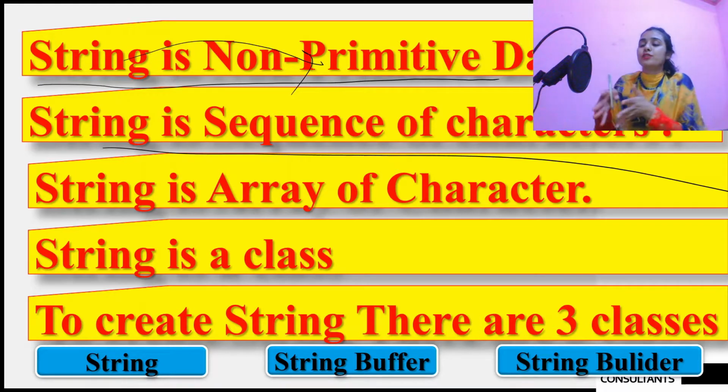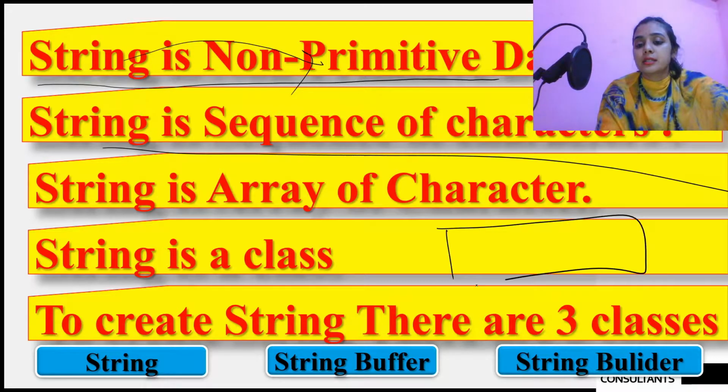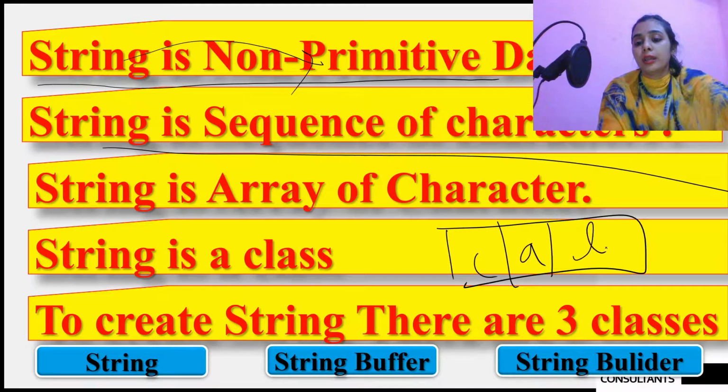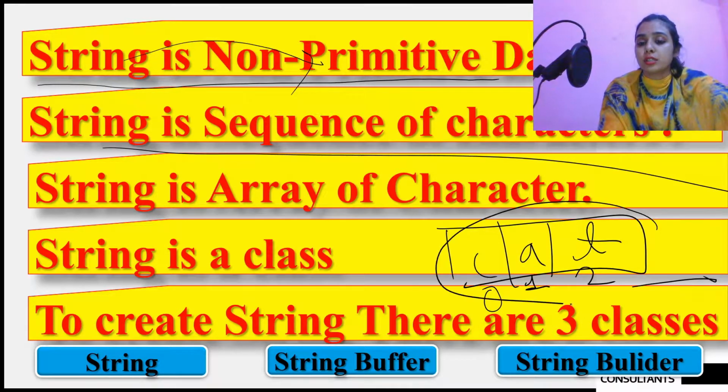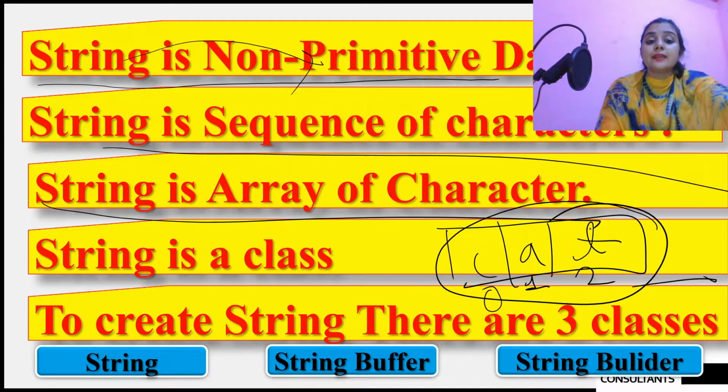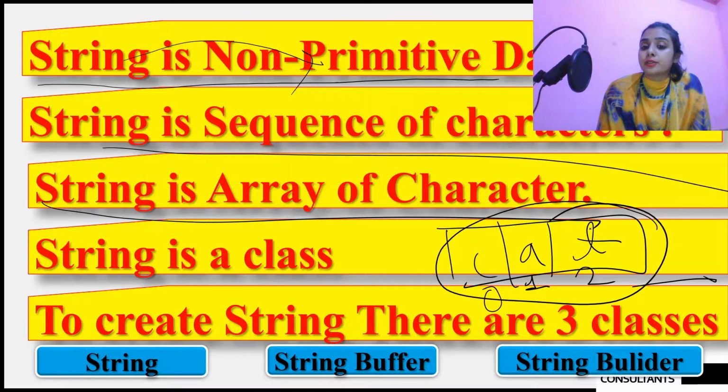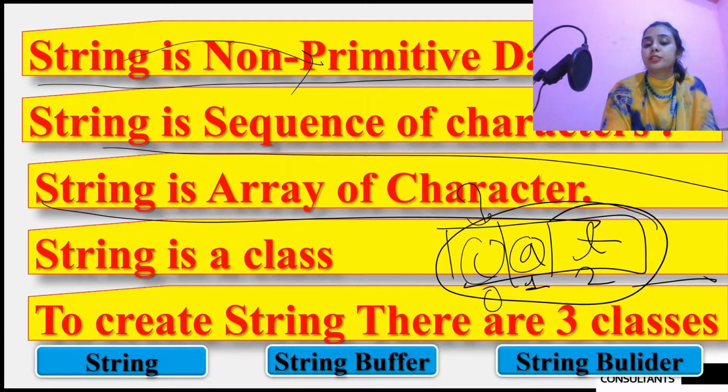When the sequence of characters is combined together, that is called a string. If I talk about cat, this is a sequence, on the 0th index, 1, 2 and so on. So this is a cat, a sequence of characters. A string is an array of characters. The first is on the 0th index, next is 1.